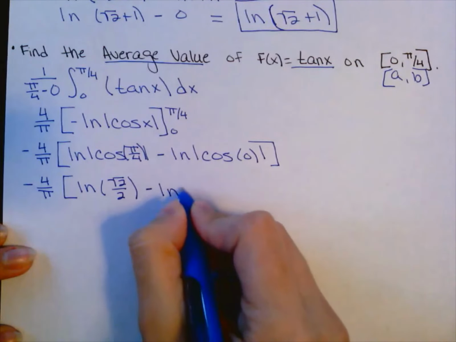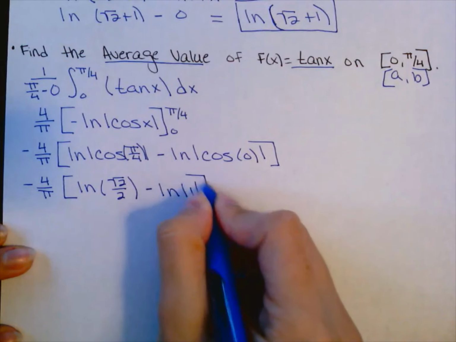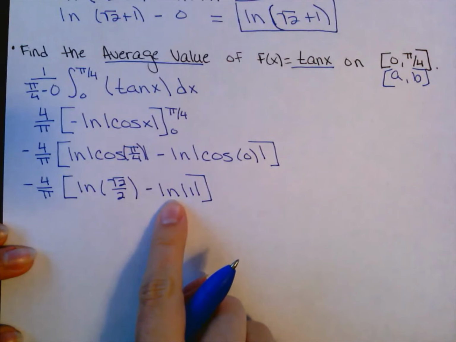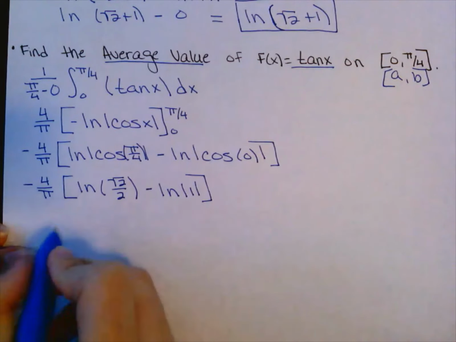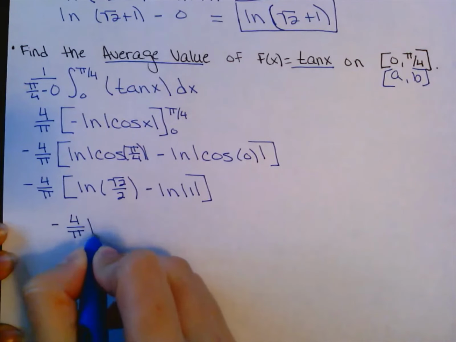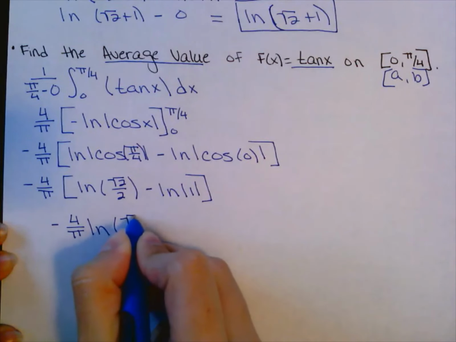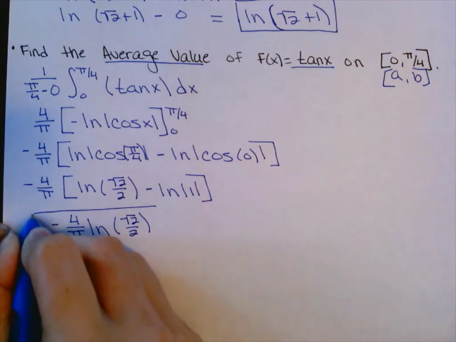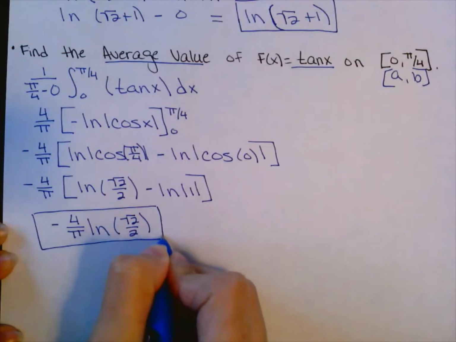So I have ln of 1. And remember, we've said that ln of 1 is just 0. So my final answer is negative 4 over pi ln of radical 2 over 2. There you go.